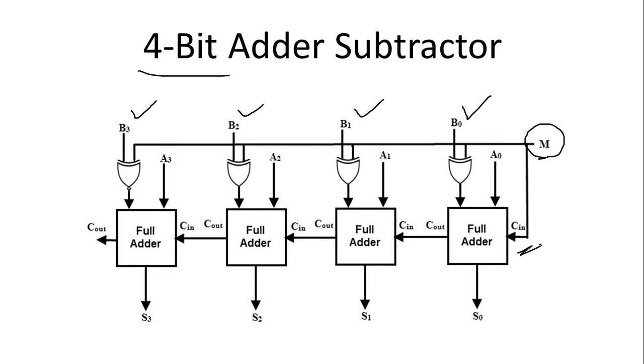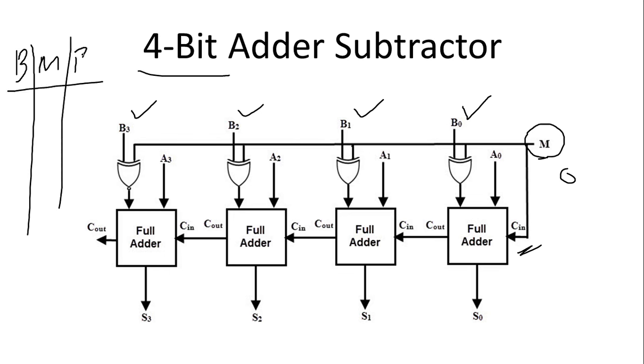So let's see what is the effect of the M value on our inputs. Let's say if M is 0, what would happen? It would be used with XOR. So let's say we have B, M, and B XOR M: 0, 0, 0, 1, 1, 0, and 1, 1. If M is 0, there are two cases.